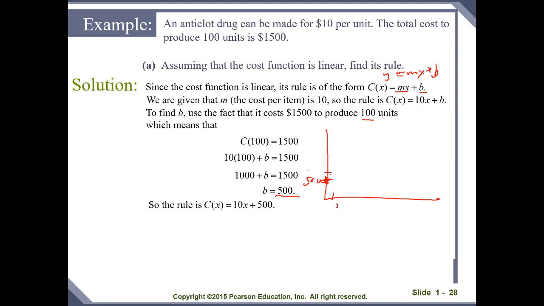So this would be 510, 520, 530, 540. If we were at 5 units, we would be at 550. I'll make a squiggle in my graph to show that it's not to scale. Again, this is our cost function. This is how much it costs to make this particular drug.